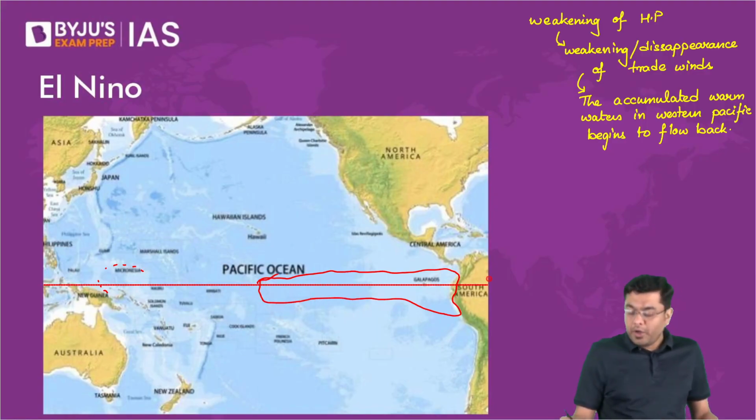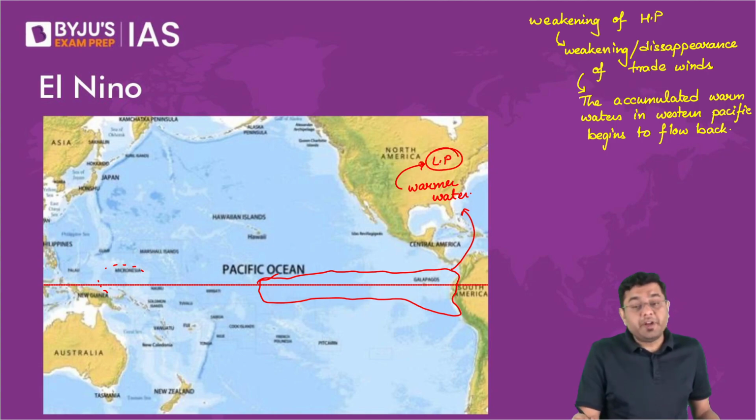So that is your region of warmer waters. Now this region of warmer water, wherever you have that warmer water, it will create a low pressure, isn't it? This will create a condition of low pressure.